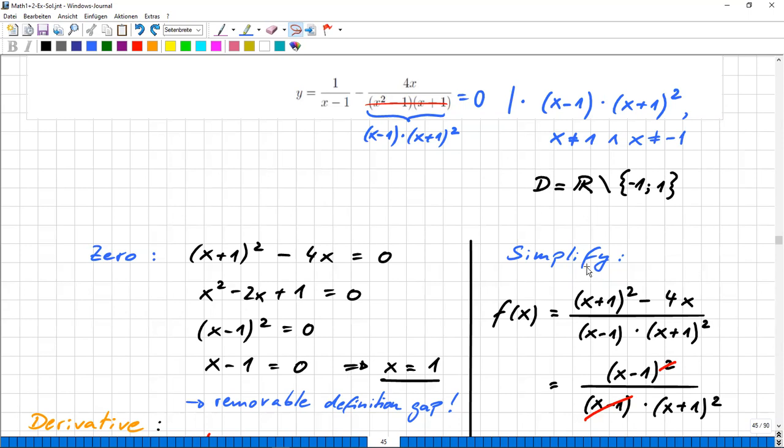So the best idea would have been to simplify this whole function expression right away. And so this is what I do afterwards. Now, look at what I'm doing. Draw these two fractions together using the main denominator, which is x minus 1 times x plus 1 in parentheses squared.